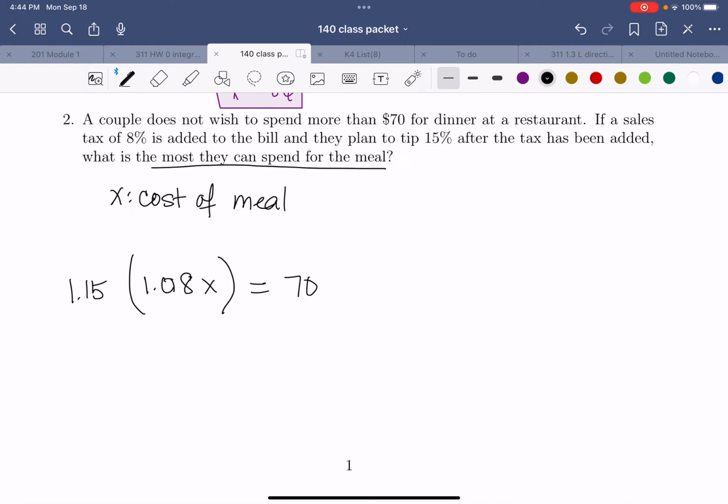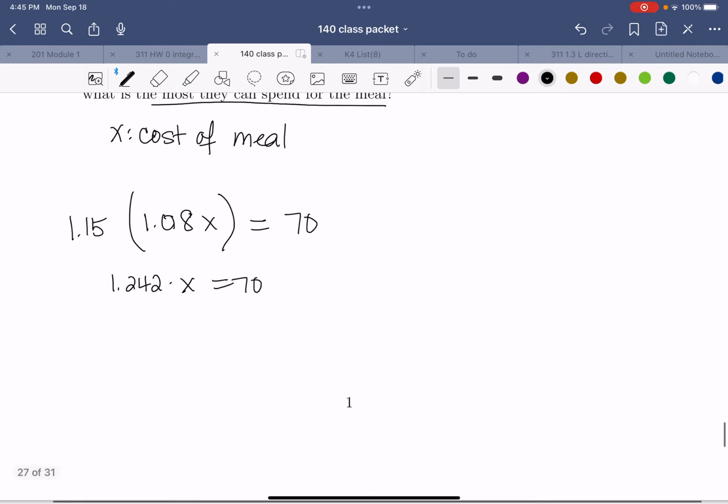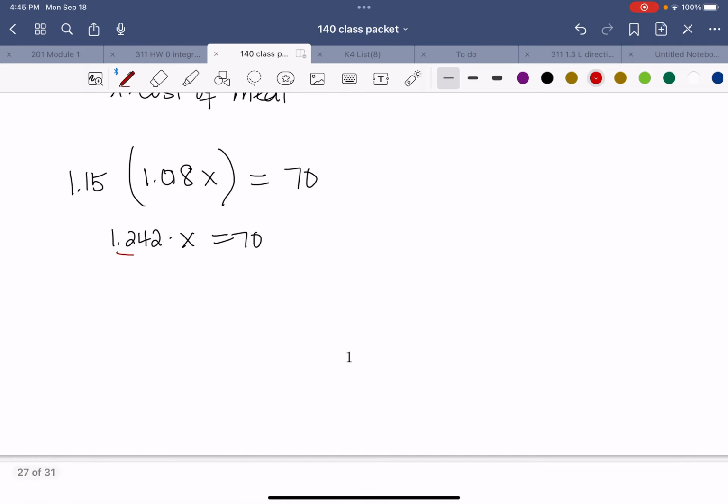Okay, so I can rearrange that multiplication and make it 1.15 times 1.08. And when I multiply those two together, I get 1.242. And that's multiplying my X. And then to solve for my X, I'm just going to go ahead and divide by that decimal on both sides.